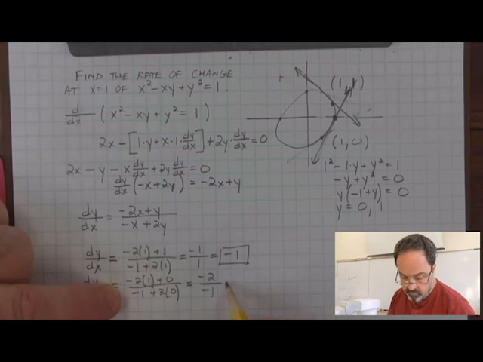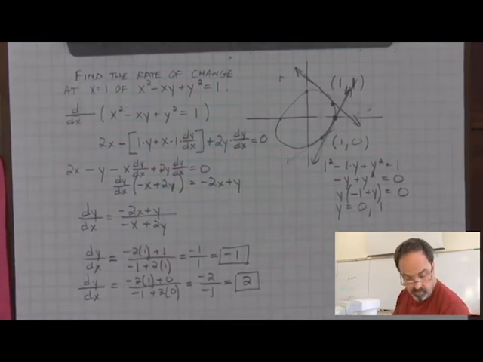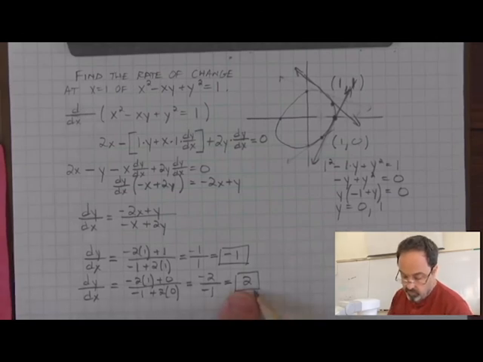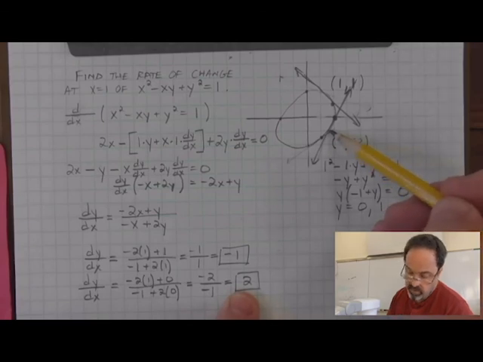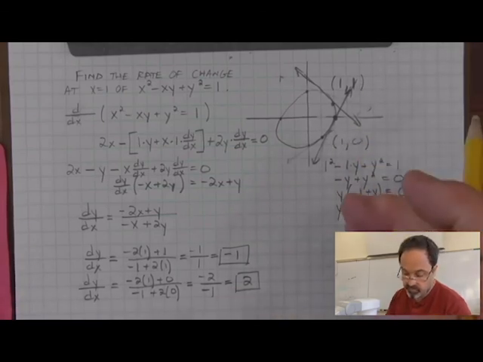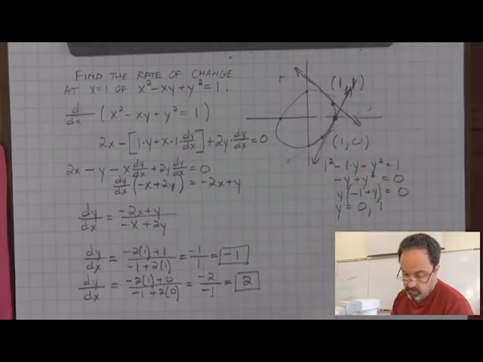And that simplifies to positive 2. Checking my algebra, 2 is expected to be positive and approximately looks like my adjusted visual estimate.